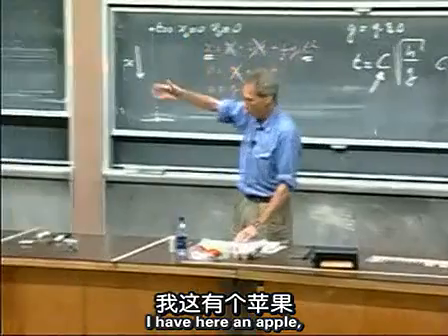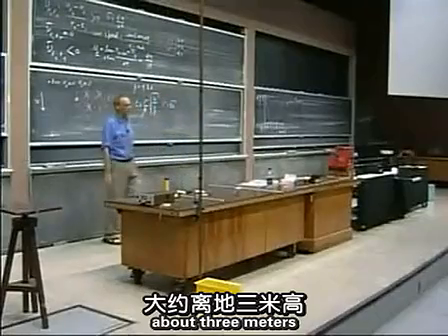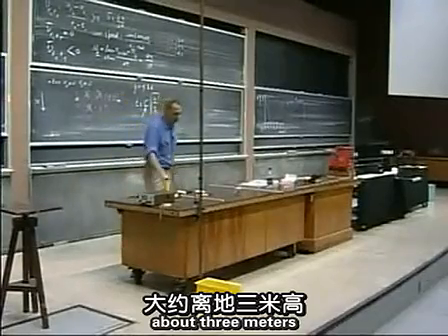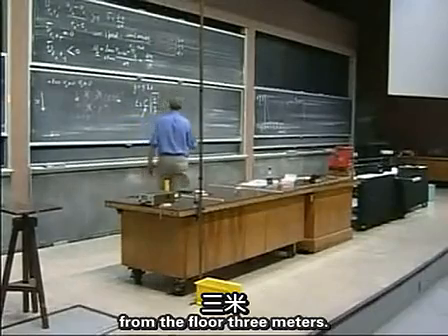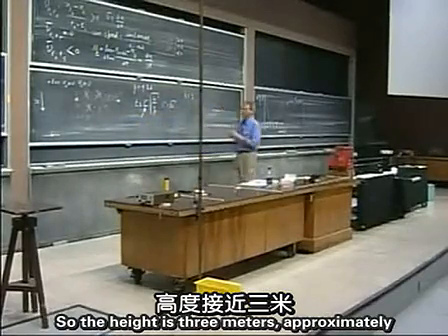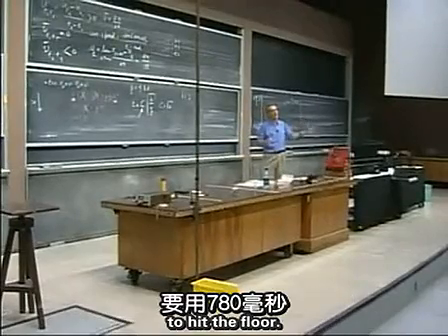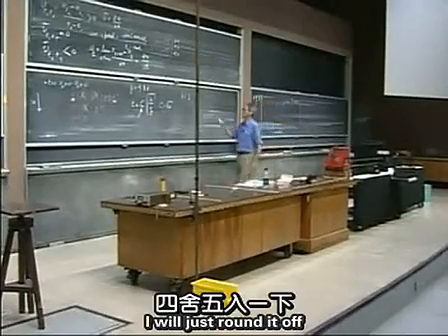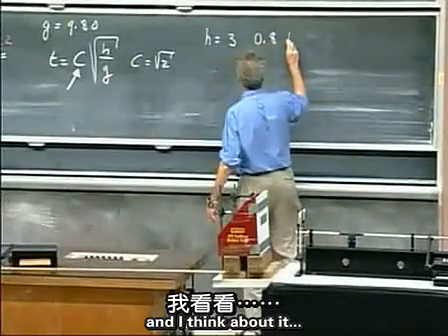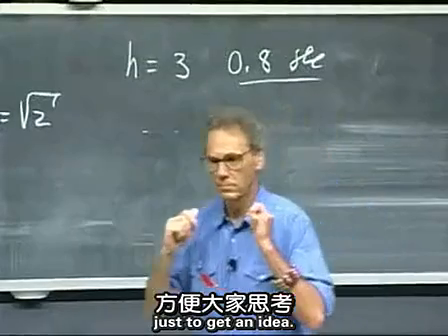I have here an apple, or I'm going to put an apple up, about 3 meters from the floor. So the height is 3 meters, approximately. We know from last time, remember we did it, it was about 780 milliseconds to hit the floor. I will just round it off to about 0.8 of a second, just to get an idea.